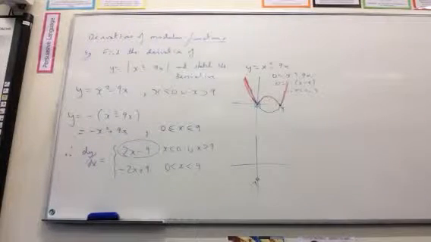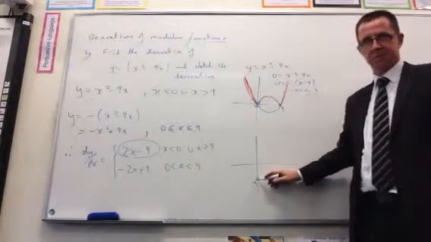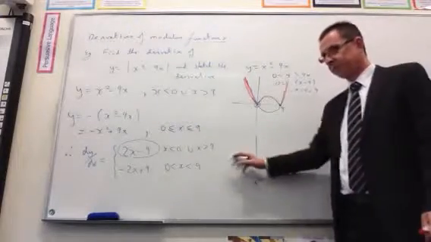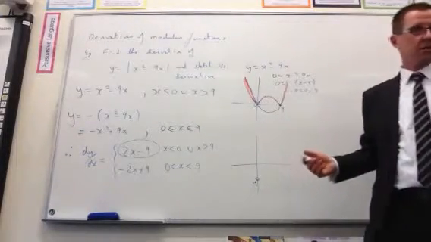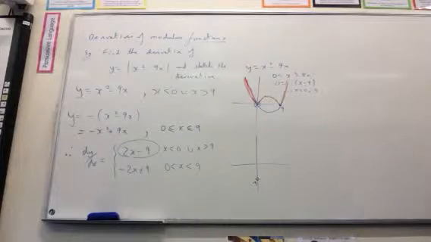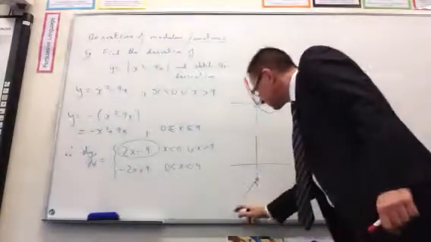What do I do? Where's the graph? There's a starting point. Up, down, flat, across. Like that. That way? Yeah?